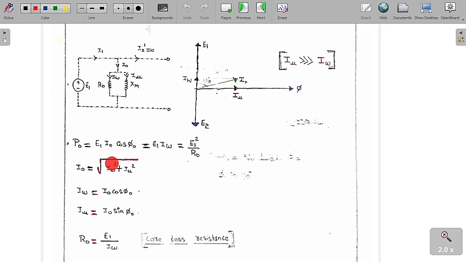If you want to find how much power is consumed by this circuit at no load condition, because the primary is going to draw a small amount of current, it means it is going to accept some amount of power.